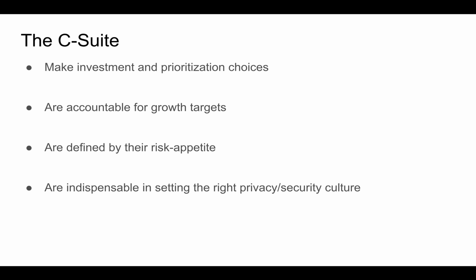So if they feel like there is appetite for risk and that will funnel growth, they will lean in a little bit. If they feel that there is potential for long term reputational damage, they will lean back out a bit. So they are indispensable in setting the right privacy and security culture. They have to balance the need to be cautious and do the right thing, right alongside making sure that they give the business the incentive and the oxygen to grow.